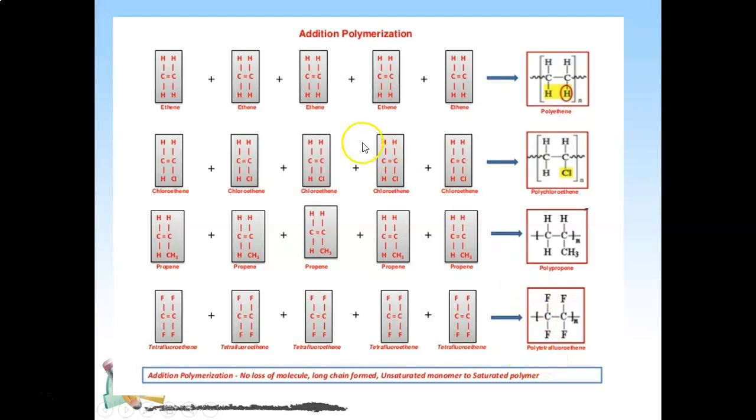As we can see here, the monomer consists of a double bond, and there is no loss of molecule at the end of the reaction, and a long chain forms. The double bond, which is an unsaturated monomer, will tend to produce a saturated polymer consisting of single bonds, so it has no byproduct formed.